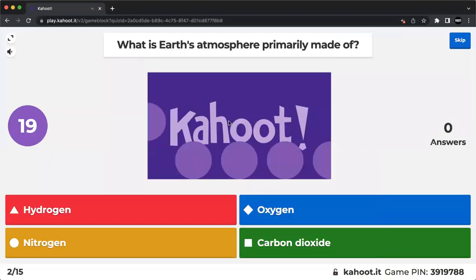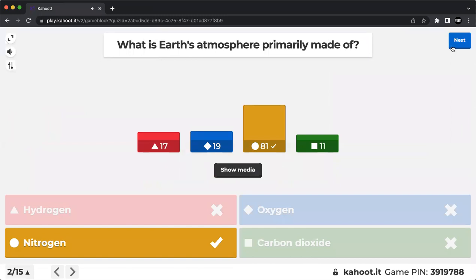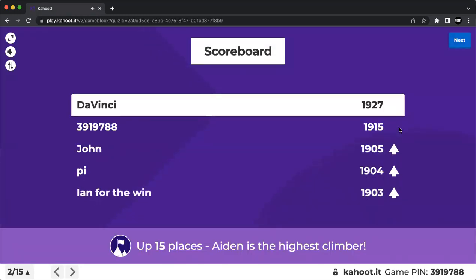What is Earth's atmosphere primarily made of? Yep, nitrogen, which is around 78%, I think. Nice.